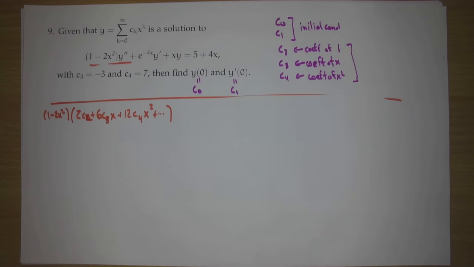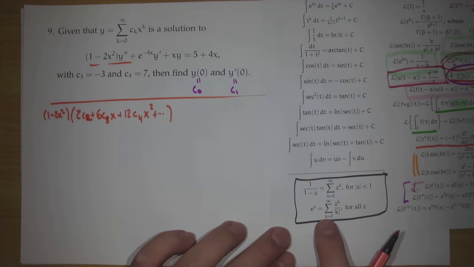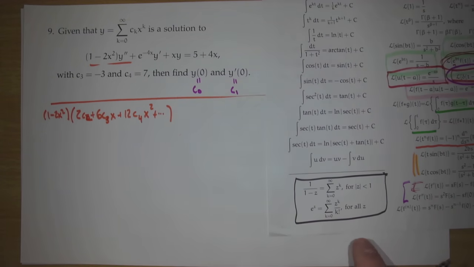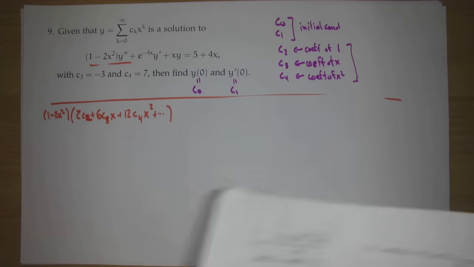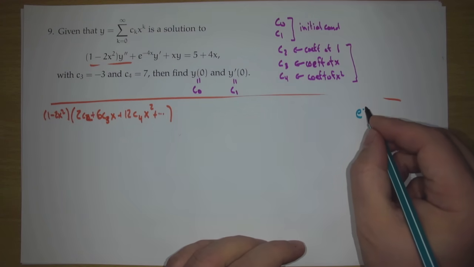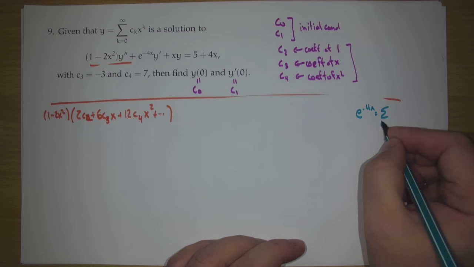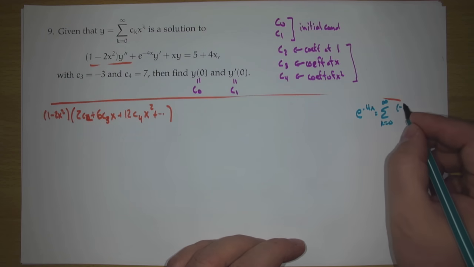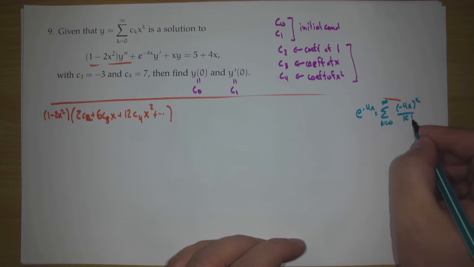E to the minus 4x. What can we do with that? We turn it into a polynomial. I know this is a series, but think of series as a polynomial. So, maybe we should do that to the side. E to the minus 4x is the sum, k equals 0 to infinity, minus 4x to the k over k factorial.